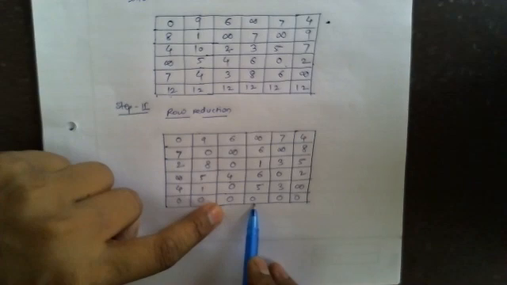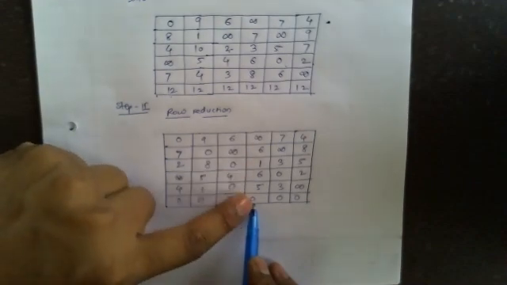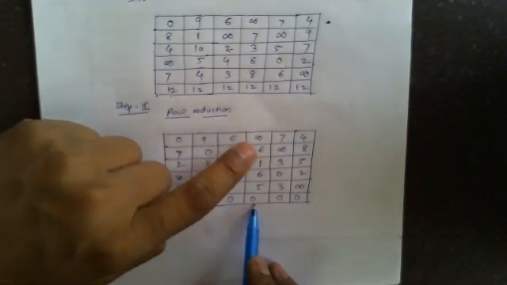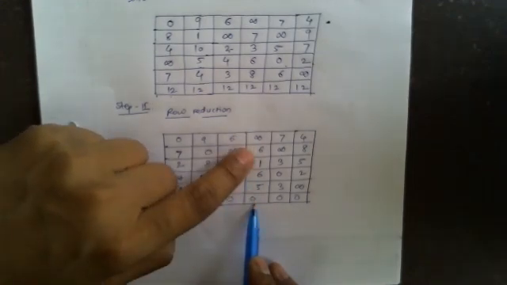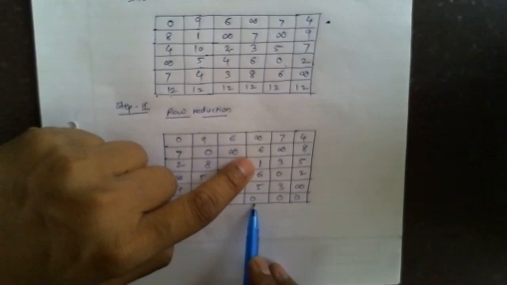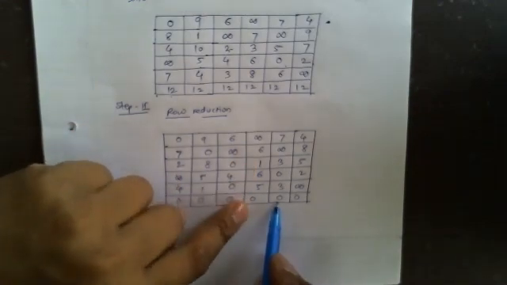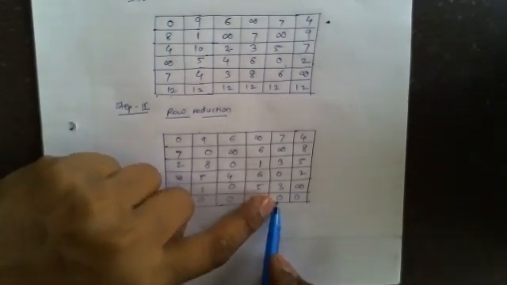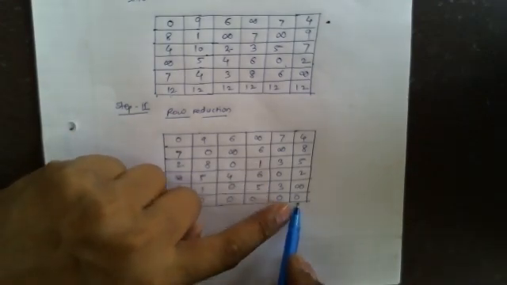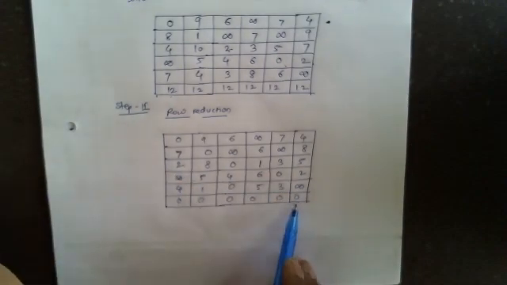Again here, 0 is present, so the values remain the same, because something minus 0 remains something: 6 minus 0 gives 6, 1 minus 0 gives 1. Again, in the fifth column, 0 is present, so this column will not change, and in the sixth column also 0 is present, so this column will not change.